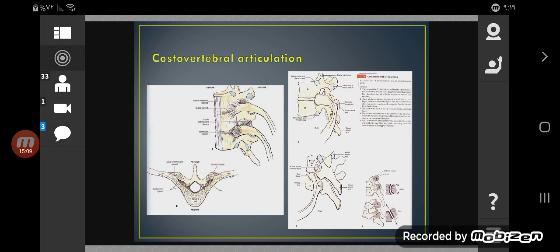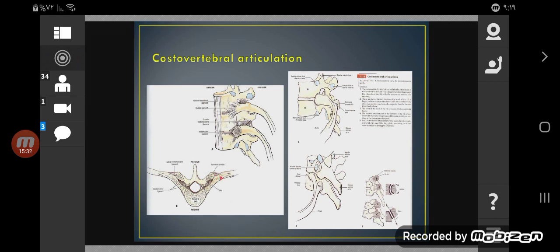In this picture, we've got a transverse section at the costotransverse joint. This is the costal tubercle, articular part, and this is the transverse process of the relevant vertebra.